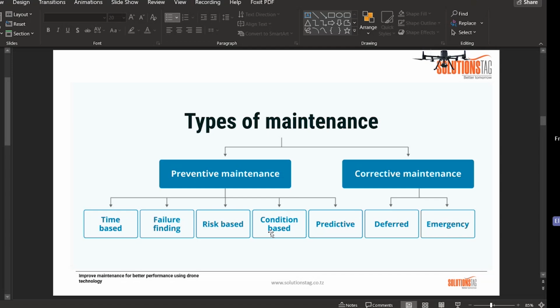The ones with far worse conditions are the ones you put much more resources on. And predictive is to look for any simple anomalies in instruments, for example loose screws, so you tighten them before they cause any further damage or failure. In a nutshell, that's how maintenance works.